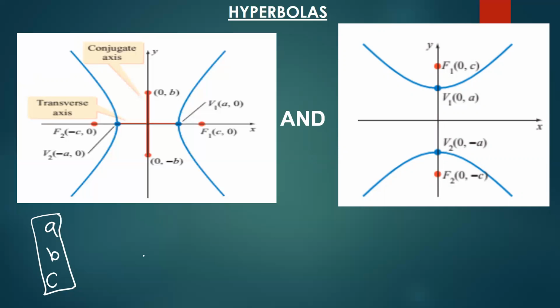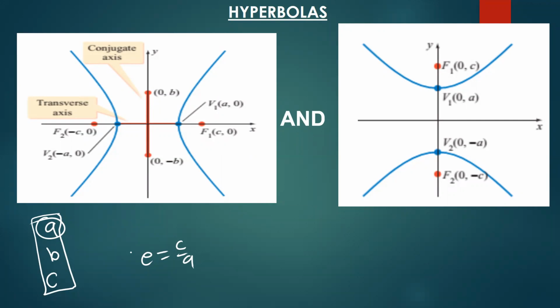And then C and A will help you find the eccentricity, which is C over A. Then C will also help you find the focus. Then the value of A will help you find the vertices. So in this case, we have two vertices. On the parabola, we only had one vertex. But in this case, we're going to be having two vertices because we have two turning points.